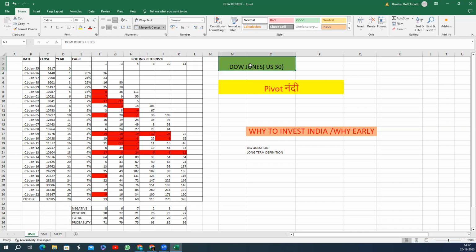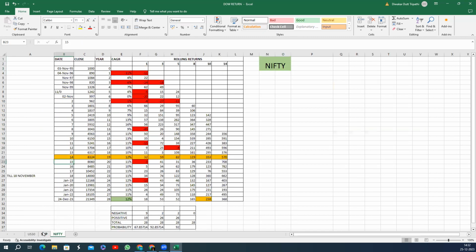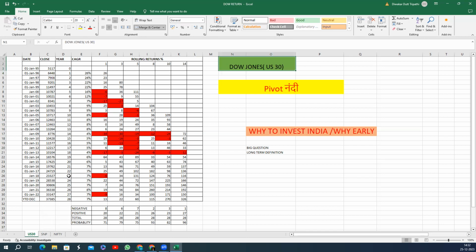You must be wondering why I am sharing Dow Jones first, why not Nifty? I will come to the Nifty part because that is definitely the index of the Indian market. For case study purposes, I am first sharing how Dow Jones has given good returns in terms of investment, and I will also share how the Dow Jones, or the US market, has compared in terms of returns with the Indian market.